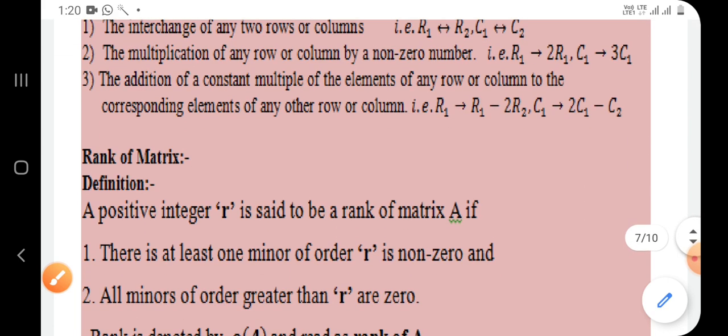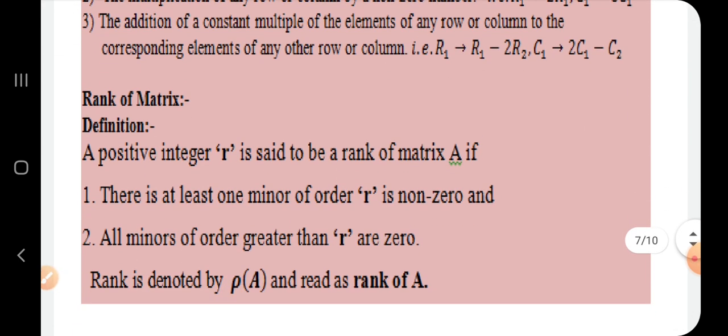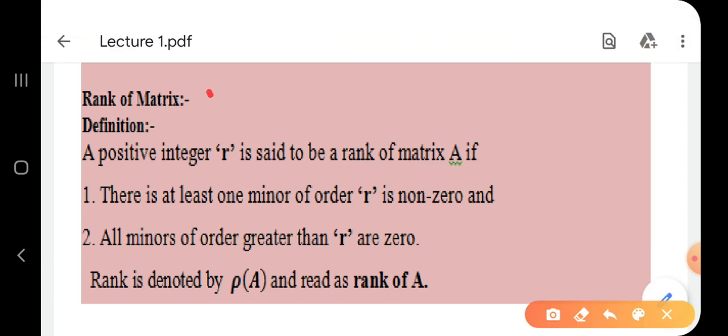We have to start our very important concept, that is rank of a matrix. So here this concept is totally new for you. Let me first clear the concept of what the rank of a matrix is and why we require it.